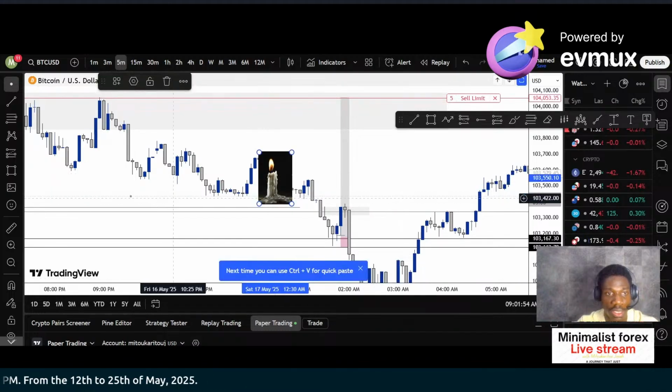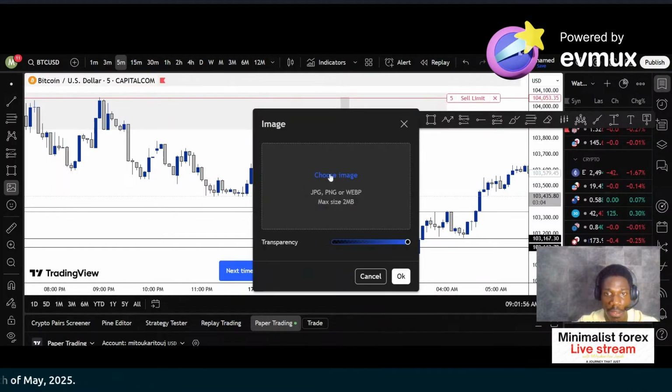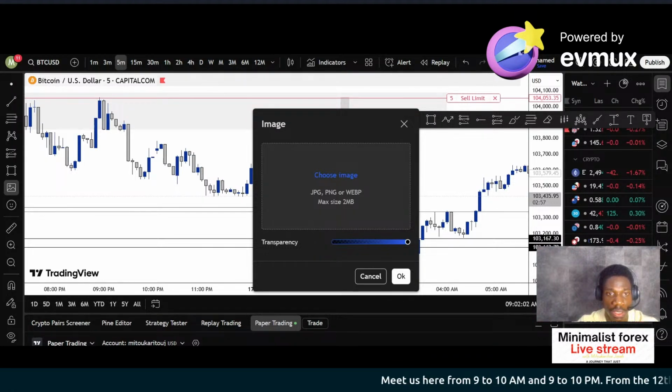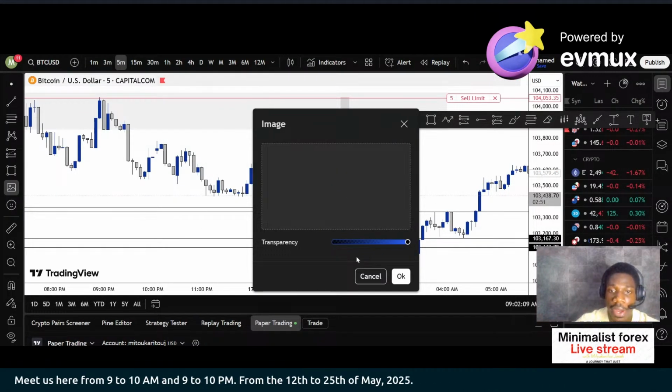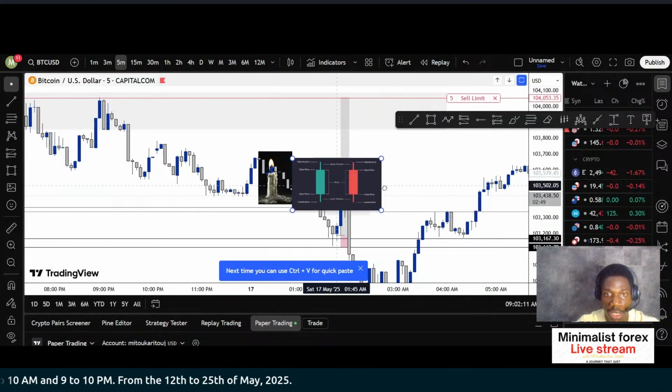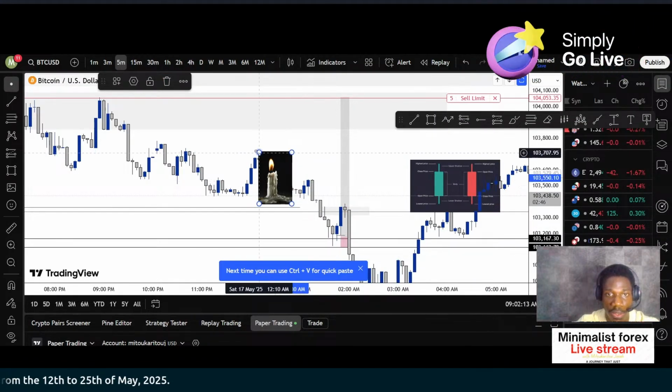So two pictures, this and that, and this. All right. So we have these two pictures, and this is what I'll be explaining with.